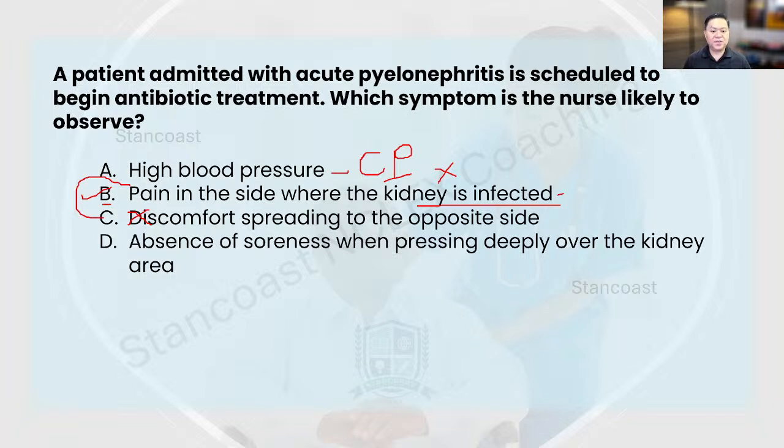And another thing is we are going to identify those key symptoms, especially the flank pain, the costovertebral angle tenderness, and there is no radiation, it's localized. And so for those other manifestations like high blood pressure, again, this is not associated with acute pyelonephritis. And also the absence of the tenderness, letter D, is also going to be eliminated.